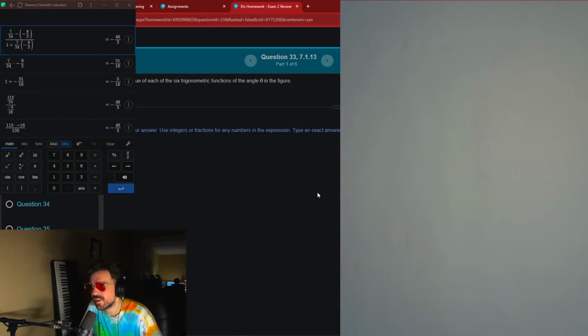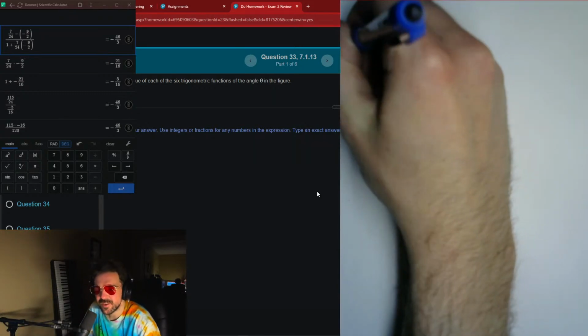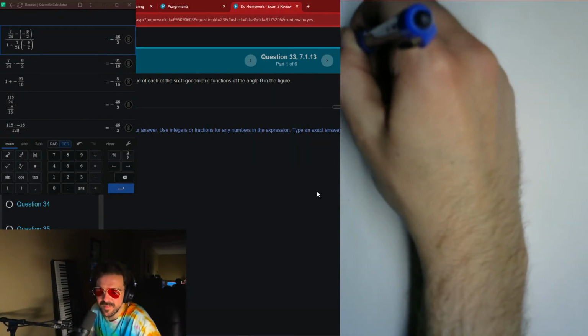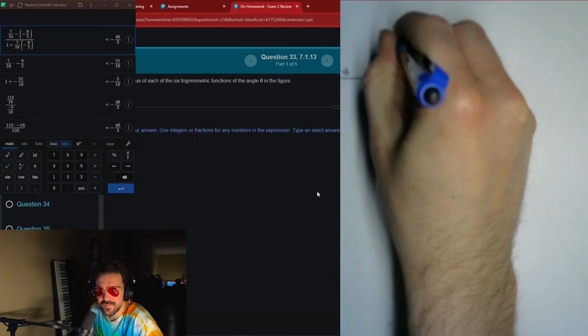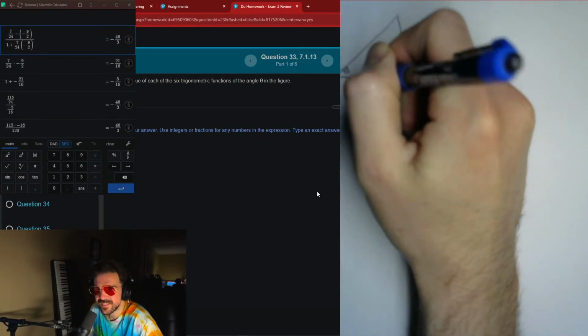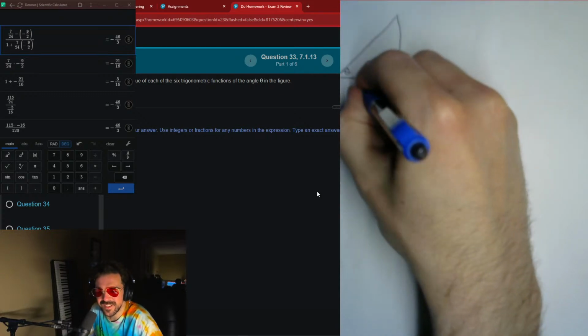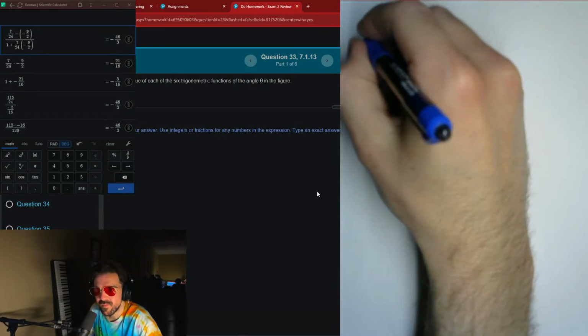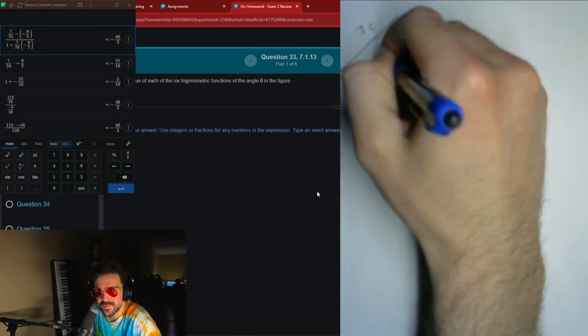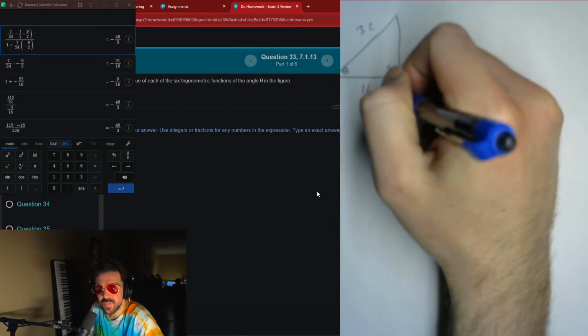Okay, so onto this thing. And this thing is really easy. And it's funny because I just did exactly this, but for a much more difficult problem. Okay, so we have the angle over here. If you just orient it that way, it's way easier, right? 16 is the x-axis. 32 is 90 degrees.